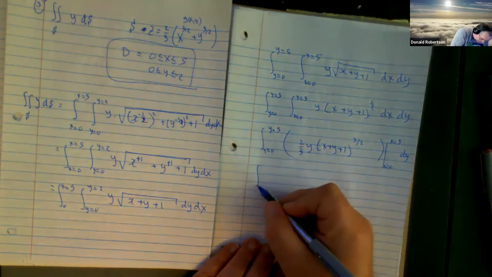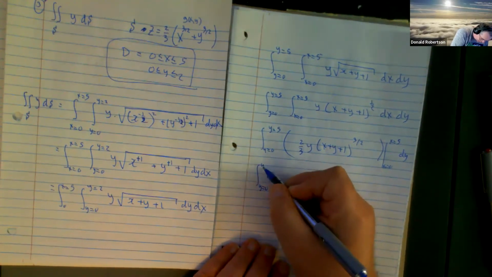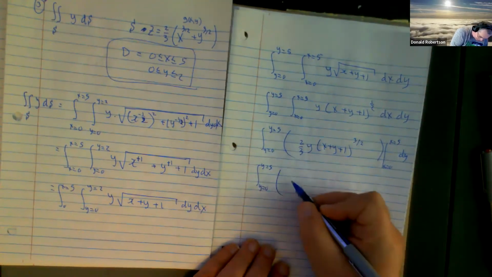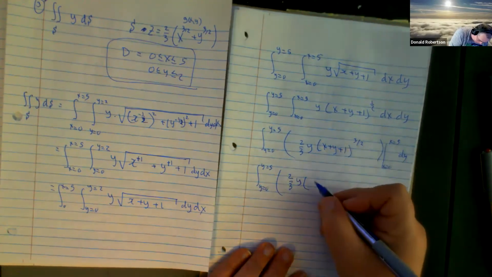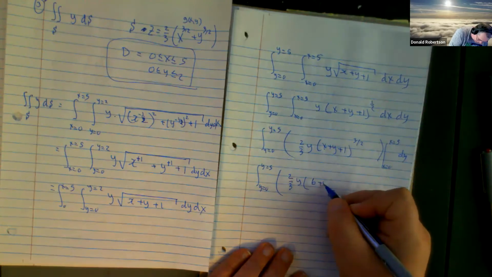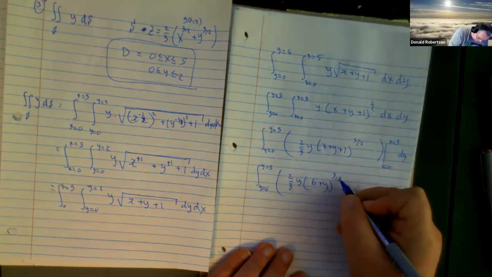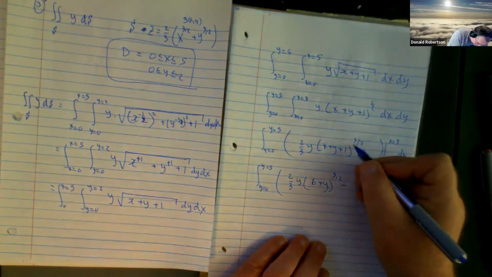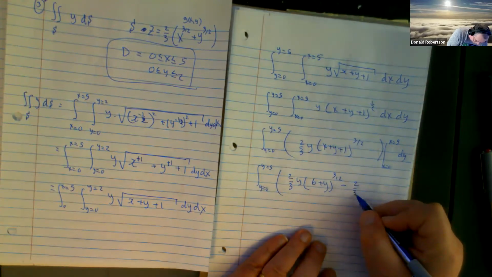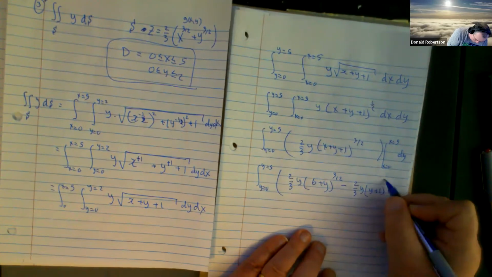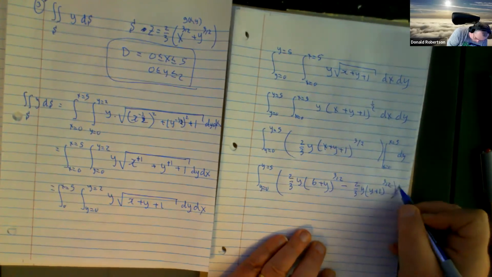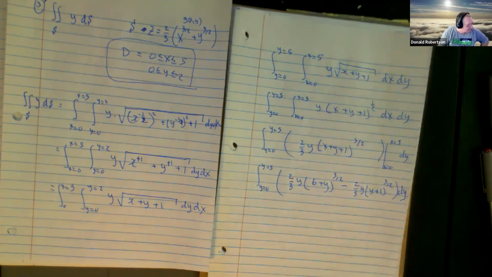Now, that gets me the integral from 0 to 5 of 2/3 y times (6 plus y) to the 3/2, if you plug in 5, take away, if you plug in 0, 2/3 y times (y plus 1) to the 3/2, dy.